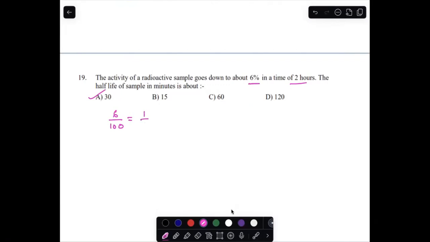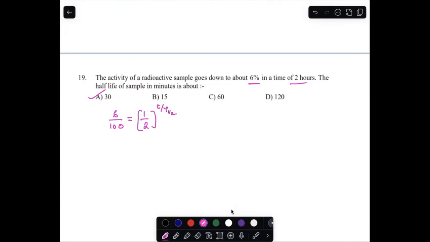I think you know this relation, no? 1 by 2 to the power of given time by half life. I think in chemistry also you would have gone through 1 by 2 to the power of t by t half, which gives the number of half lives. 6 by 100, right? You want the half life period, right?